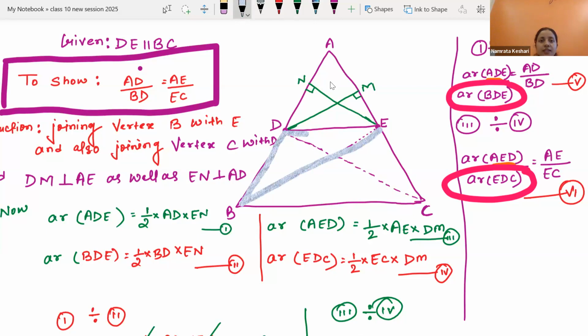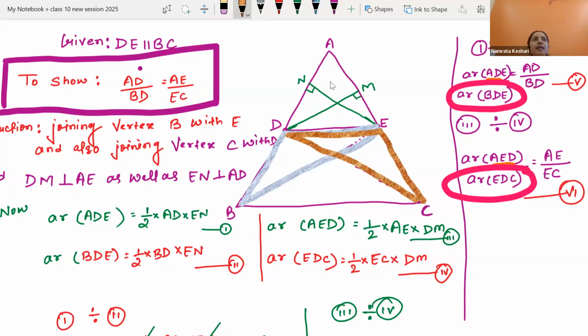You can see BDE clearly and EDC, right? These two triangles we are having. The numerator was already same. We are just trying to match the denominator.